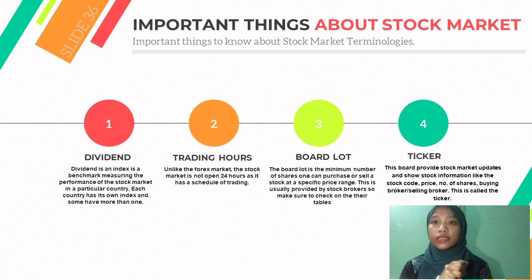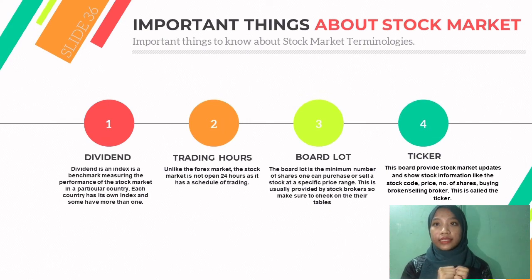The third one is board lot. The board lot is the minimum number of shares one can purchase or sell a stock at a specific price range. This is usually provided by stockbrokers, so make sure to check their tables.